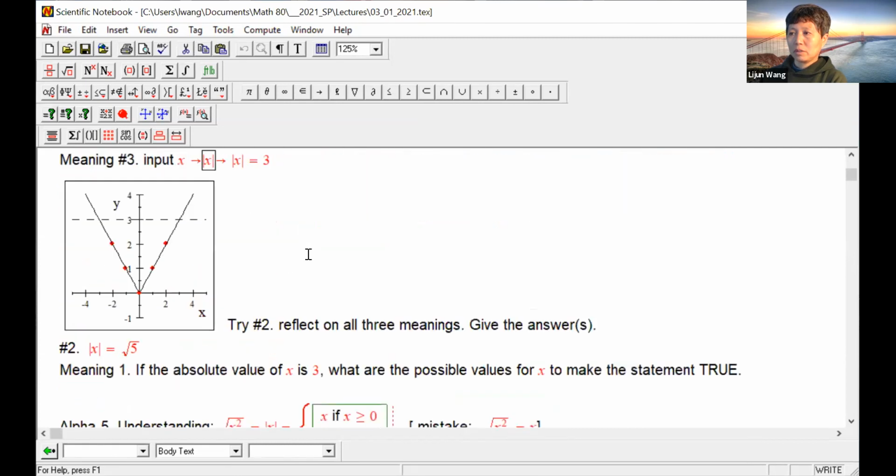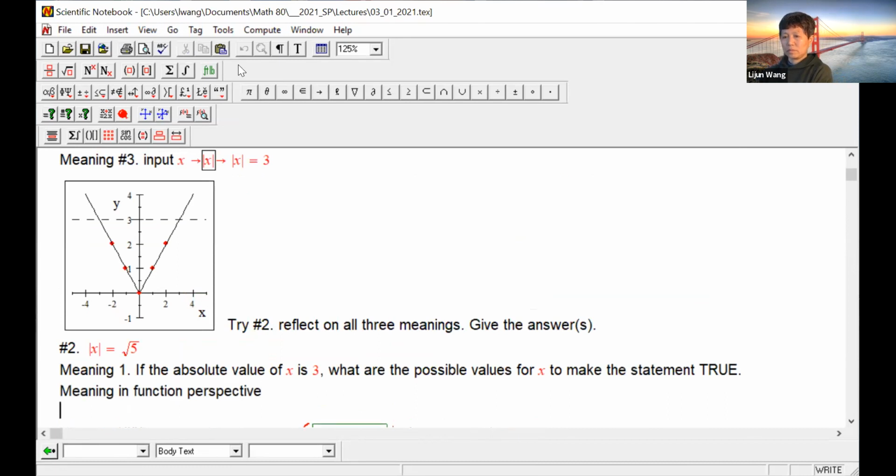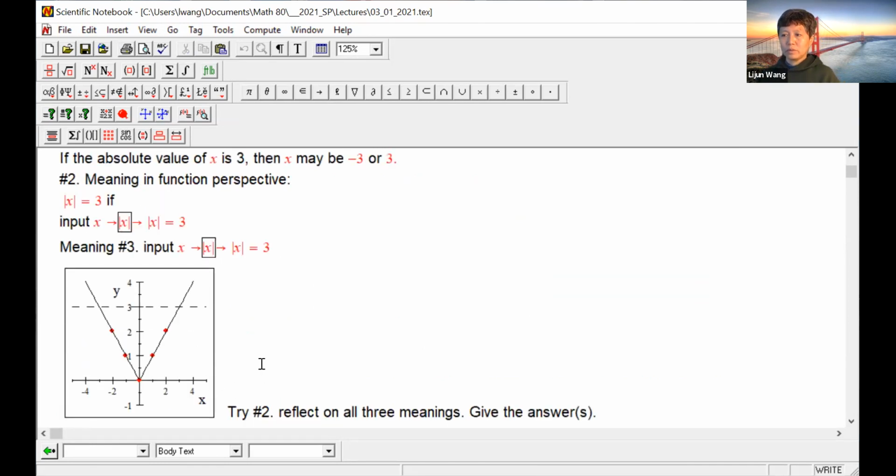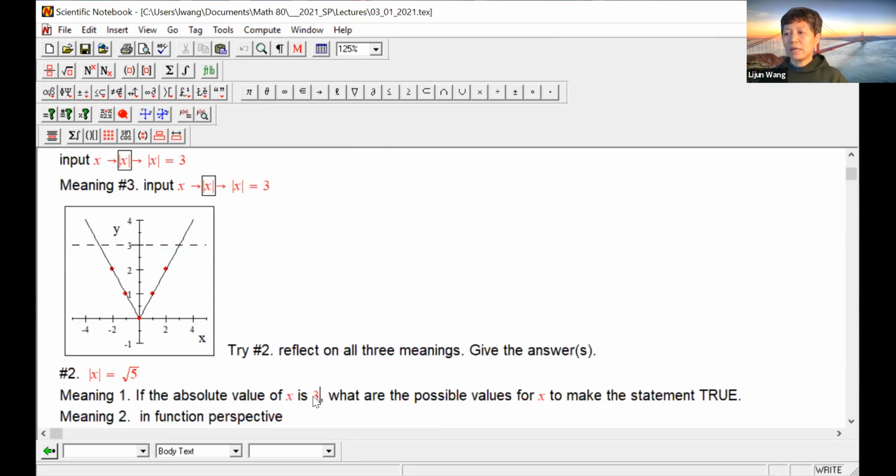And the third one is a graph. The only difference is 3 now is root 5.